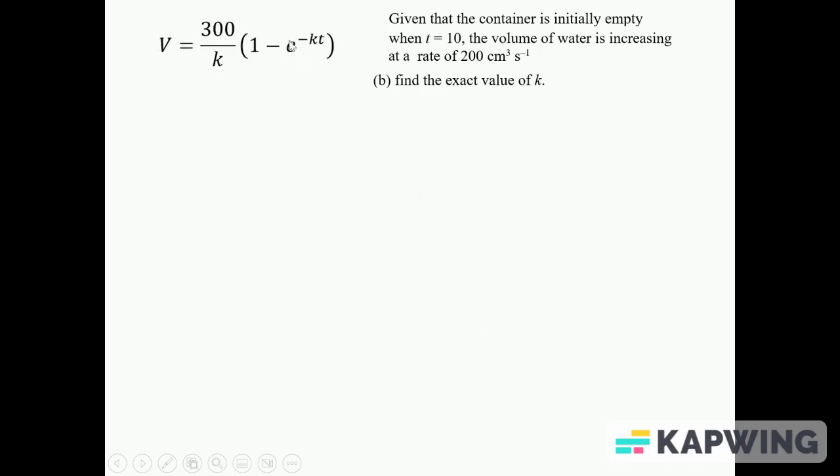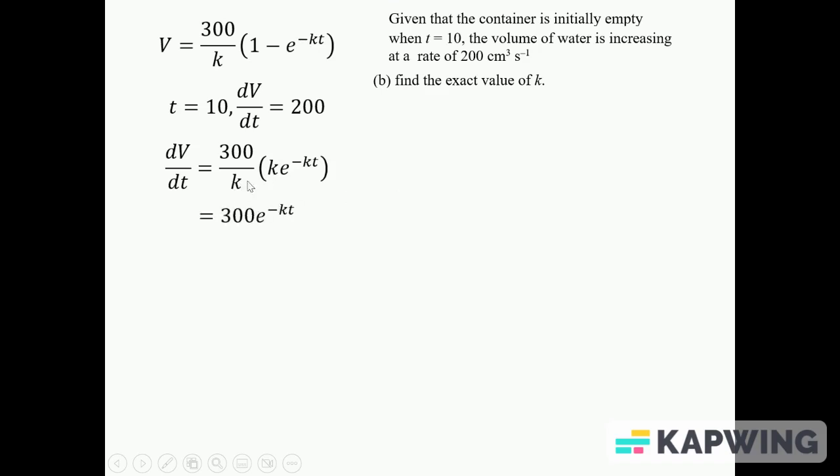So here's my V, and it says the volume was increasing at a rate of 200. So when t is 10, dV over dt is 200. The dV over dt is still 300 over k, but this bracket, the 1 will go, I'll just put minus k in front, so it'll be k e to the minus kt.